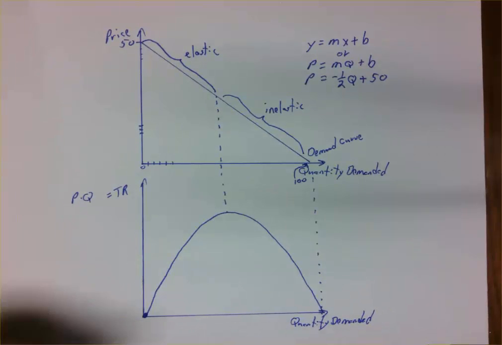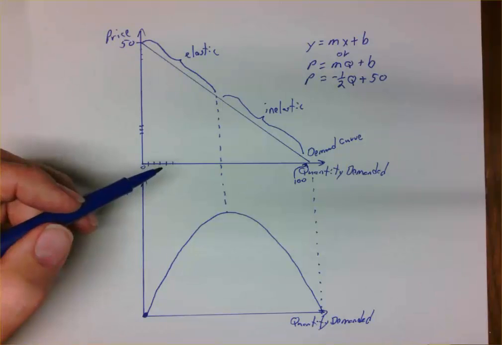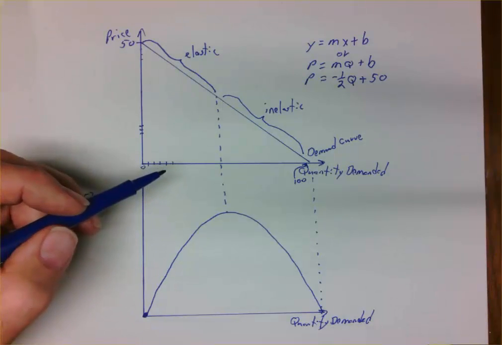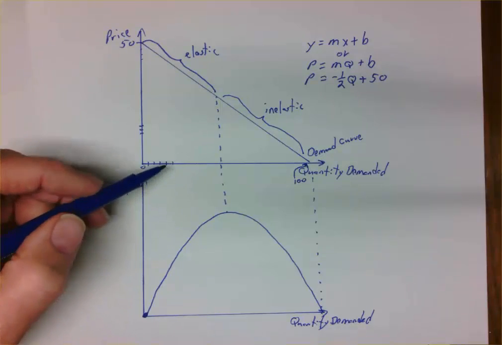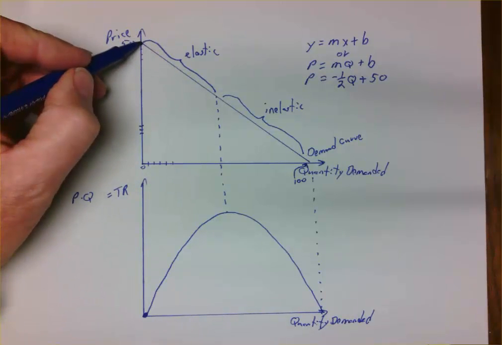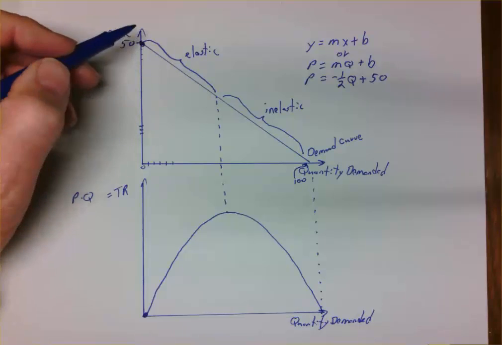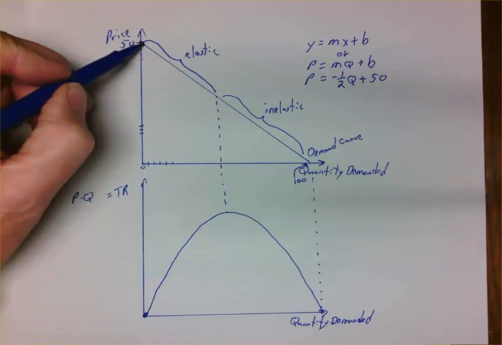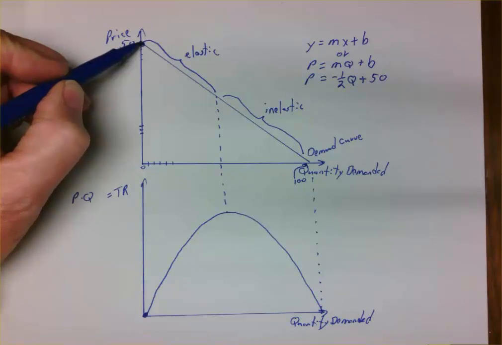Now the last thing to realize is, what is marginal revenue doing? So marginal means extra, so marginal revenue is extra revenue that you get each time you sell one more unit. So we'll do it in Excel in a minute, but there is a rule that you can remember. Marginal revenue has this point in common with the demand curve and falls at twice the rate. It's a very good rule. Marginal revenue has this point in common with the demand curve and falls at twice the rate.